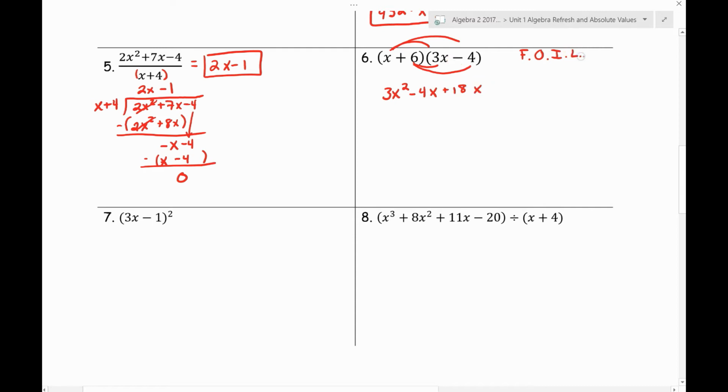And L is the last term, 6 times negative 4 is negative 24. I've got some like terms here that I want to combine, and that will give me 14x minus 24. Okay. Number 7.